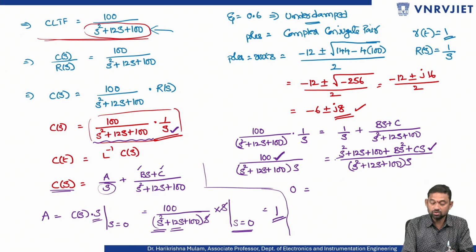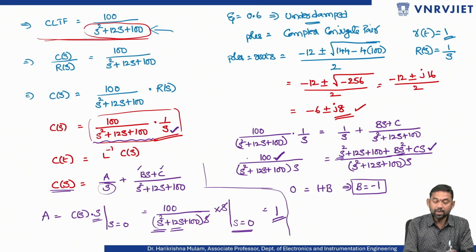So here this s square is there, its coefficient is 1. And here another s square term is there, its coefficient is b. Therefore, the total coefficient of s square is 1 plus b. Therefore, we will get b is equal to minus 1.